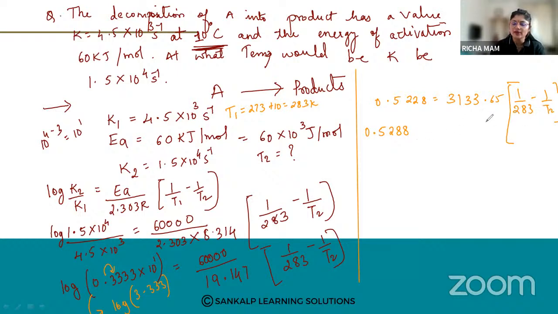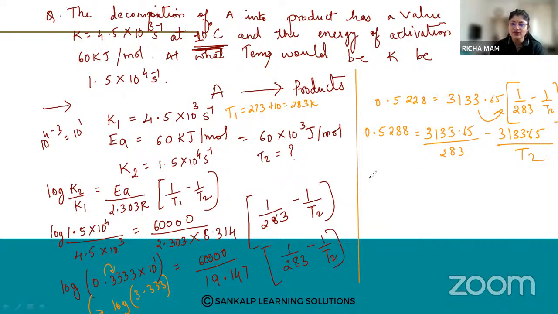I can multiply this value on both the sides. So what I'll get: 3133.65 divided by 283 minus 3133.65 divided by T2.